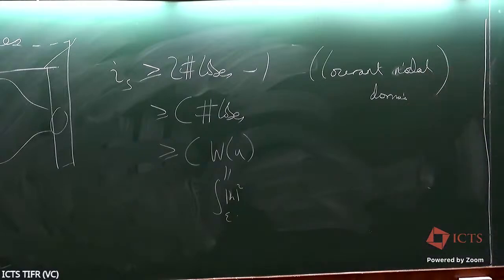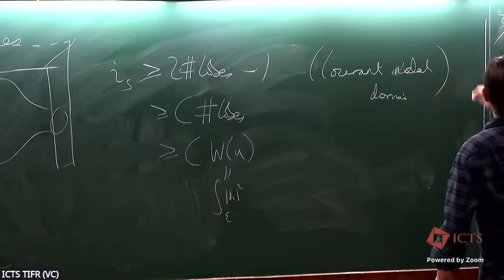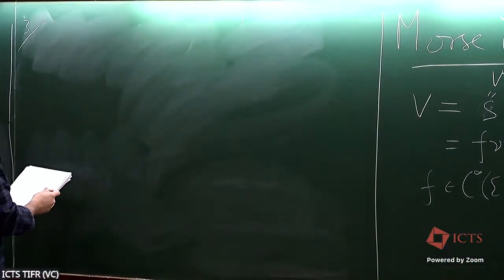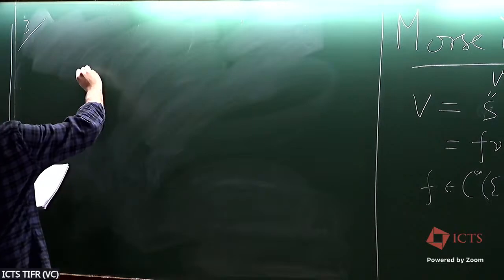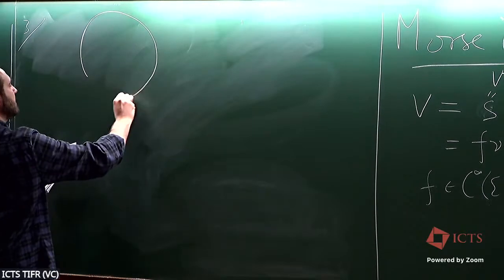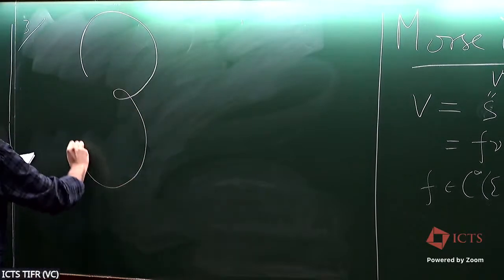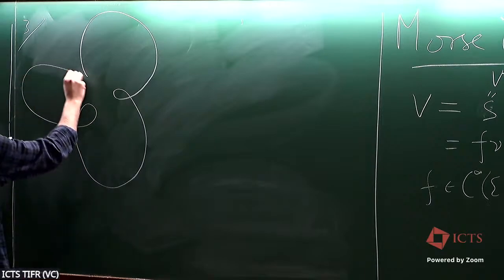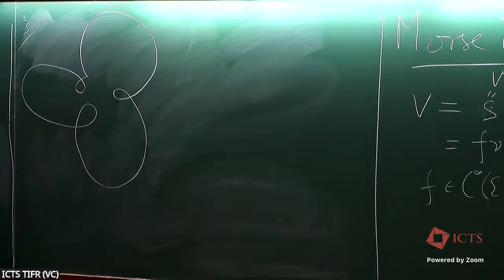Oh boy, okay, so now I'm going to try and draw Wente tori. So, third example. Please forgive this. The Wente tori, they come with a family of lobes that look something like that.